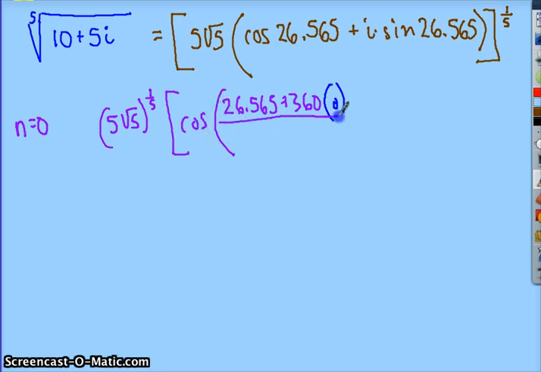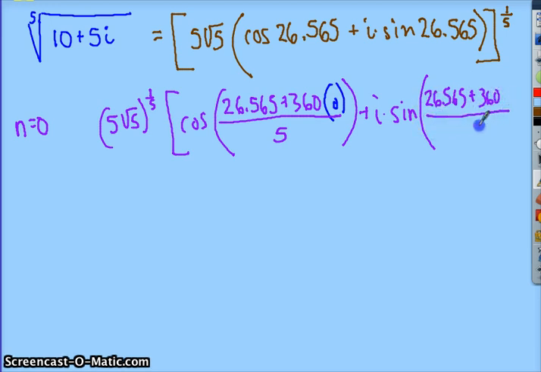Divide by, and don't forget this part, divide by the root, right? We want to take the fifth root. Now, do you have to write this out for every single value of n? I think it's a good idea to do it for n equals 0, so the grader, me, or whoever else is grading this, knows that you know what you're doing.